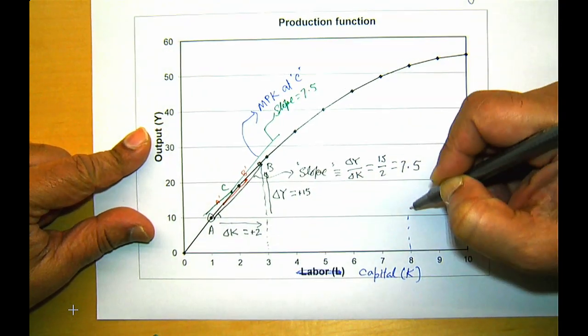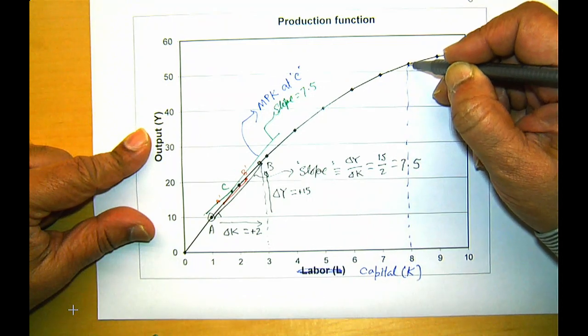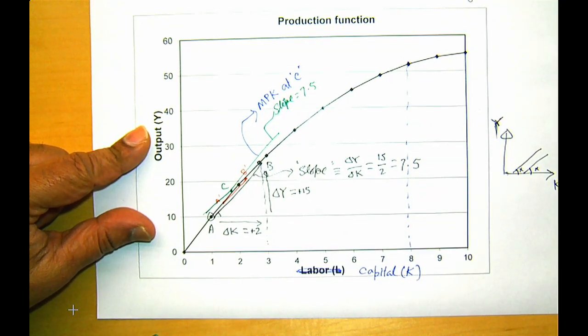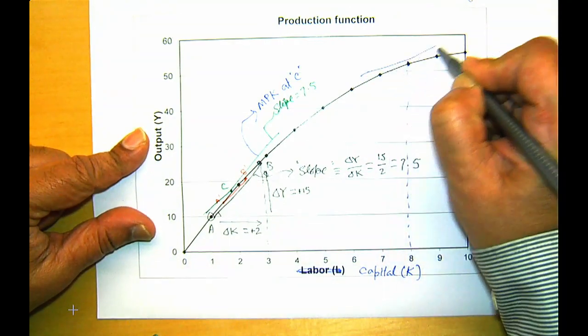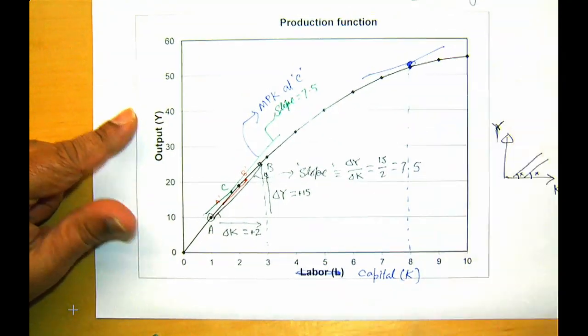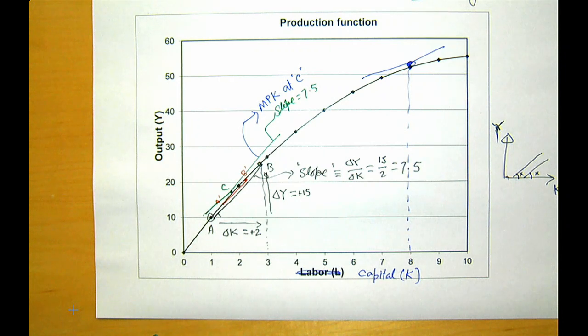So when you have 8 restaurants in the city, the marginal product is given by this slope, and you can see the slope is now flatter. You've got to use your imagination. If not, just draw those 2 lines, and you will see this slope is flatter, right? That means it makes a smaller angle, right? Smaller slope. The slope is smaller.